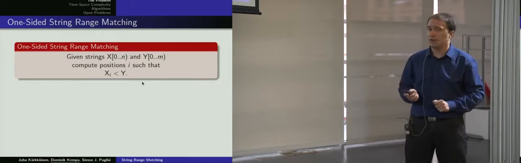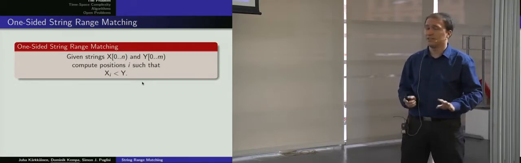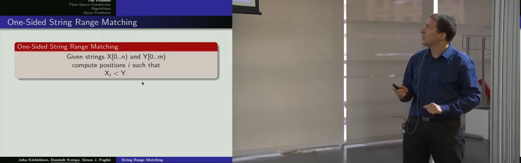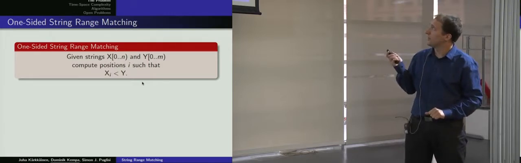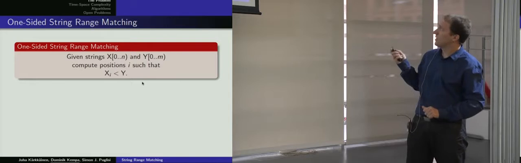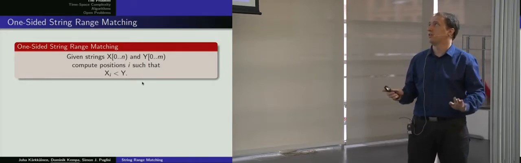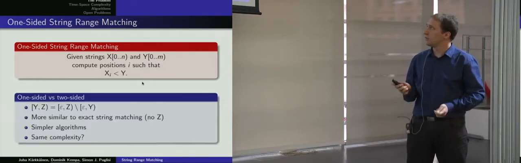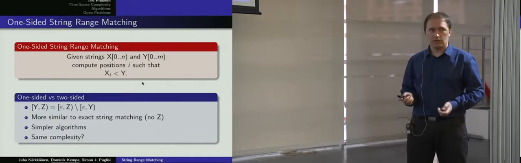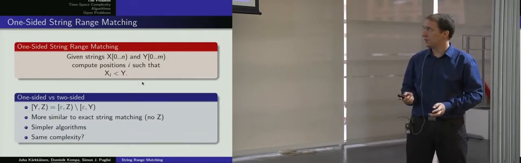And we can also define a simpler problem called one-sided string range matching, where we're given a text and a pattern, and the goal is to compute all suffixes of the text smaller than the pattern. And this is useful to consider because, first of all, any two-sided range of strings is a combination of one-sided ranges.